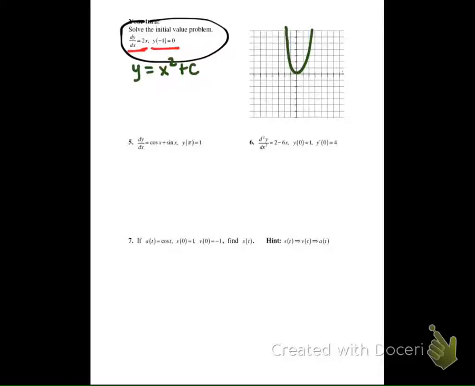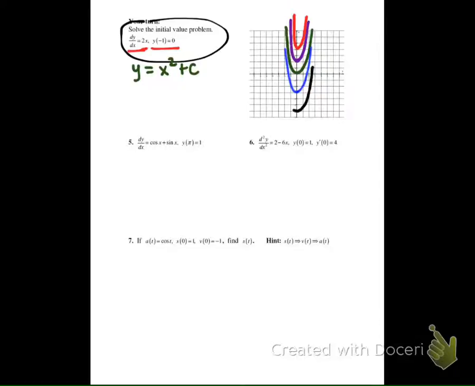If we did x squared plus 1, let's do plus 2. X squared plus 2, we'd have a graph that looked like that. If we did x squared plus 4, let's say, we'd have a graph that looked like that. And if we did x squared minus 3, we'd have a graph that looked like this. Believe it or not, x squared minus 6 is down here.